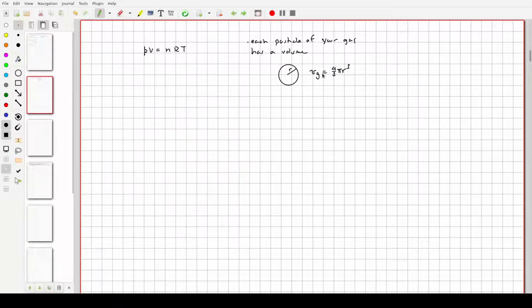Now, to put that into form, what I'd like to do is divide both sides of this equation by V. So on the right-hand side, I have nRT divided by V. And here, what I'd like to do is define something called the molar volume.